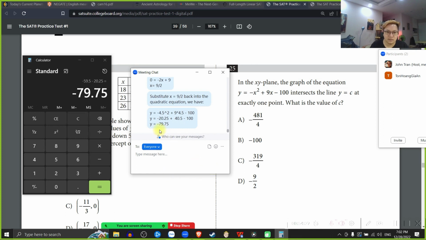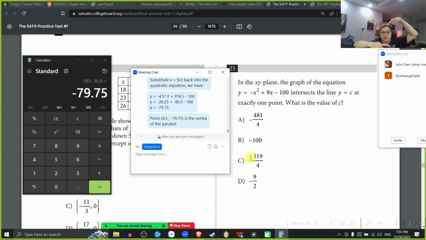So this is the point 9, 4.5, 4.5 and minus 79.75 is the vertex. It's the vertex, the top of the parabola.